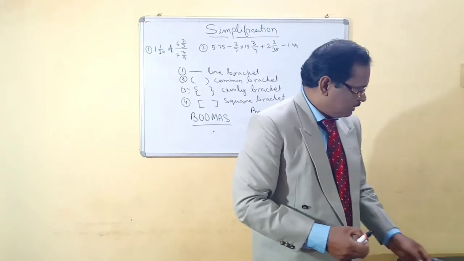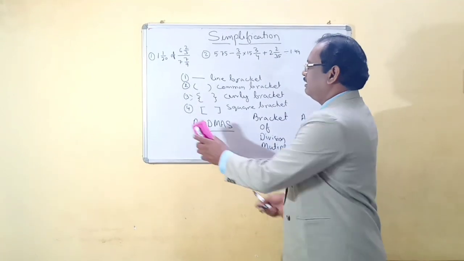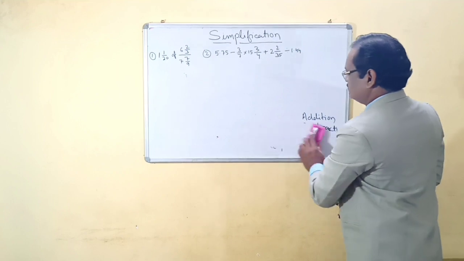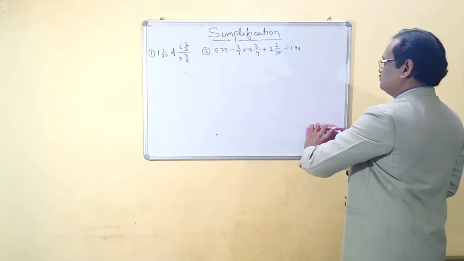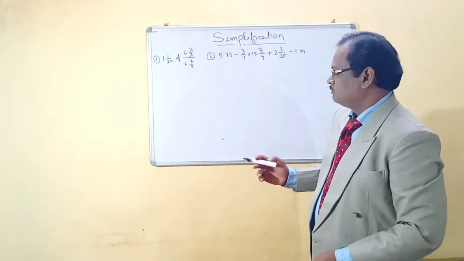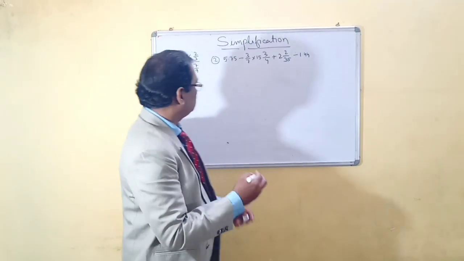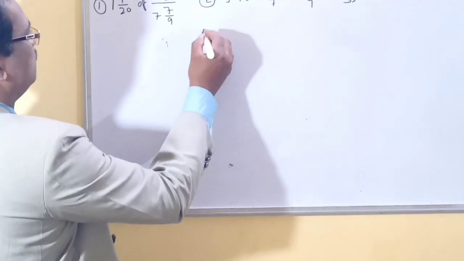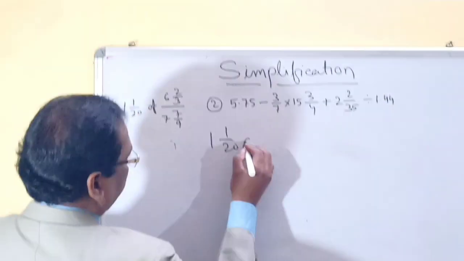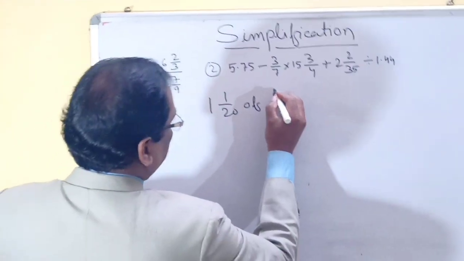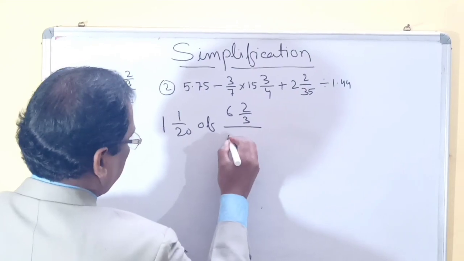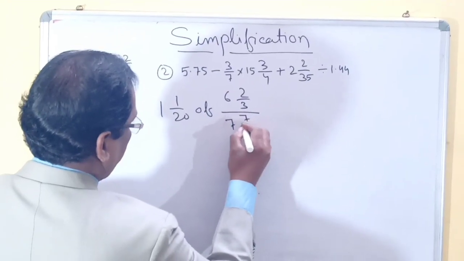So friends, I have taken one problem here, that is 1 1 by 20 of 6 2 by 3 whole divided by 7 7 by 9.